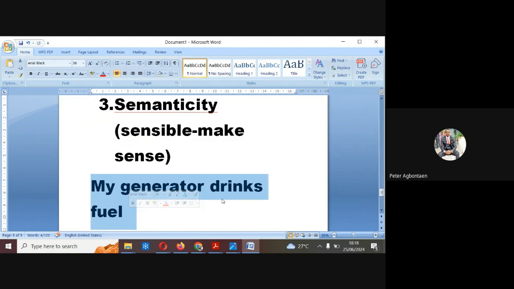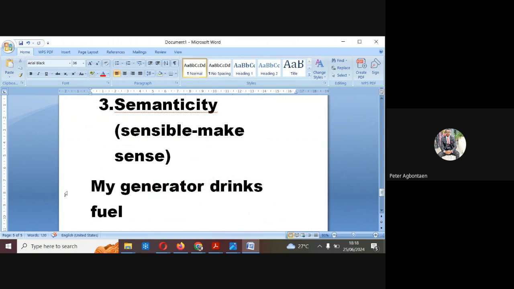So because the word drink is used for animate entities, human beings, animals, they are the ones that drink. I want to drink water, for example. So I can say that as a human being, I can drink water. All right. So, but for an object like a generator, you shouldn't use the word drink for it. So instead, it's a word like consume you can use in this context.